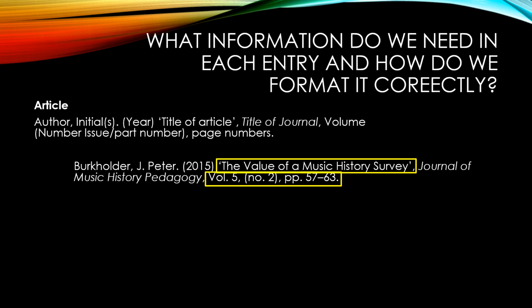Finally, double check the volume and issue number in which the article appears. Some journals put out 2 issues per year, while others publish 4 per year. So it is important to include this information to help the reader find the journal article later. Remember, the page numbers for the journal article should come at the end of the citation.